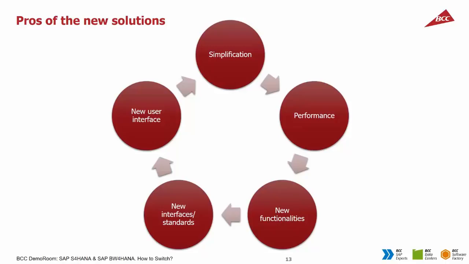One of the outputs of the simplification is the performance. Of course, the performance was also gained through the introduction of in-memory processing in SAP HANA. So there are two factors for performance boosts. One is simplification and one is SAP HANA introduction.